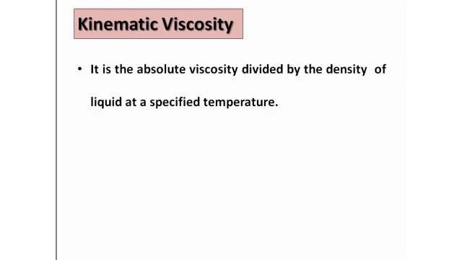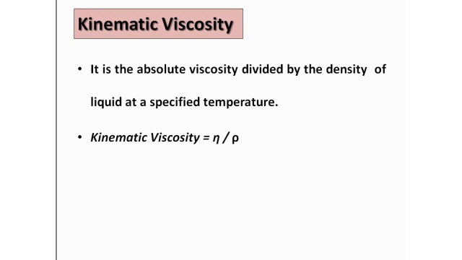The next concept is the kinematic viscosity. So what do we mean by kinematic viscosity? It is the absolute viscosity divided by the density of the liquid at a specific temperature. I repeat, kinematic viscosity is the absolute viscosity divided by the density of the liquid at that particular specified temperature in which we have carried out the experiment.